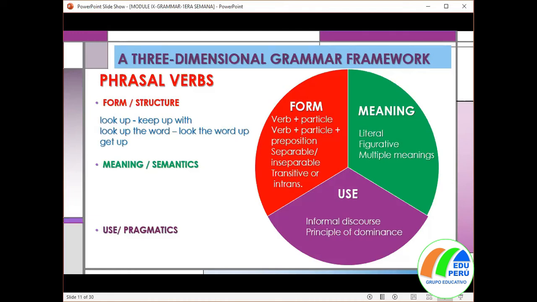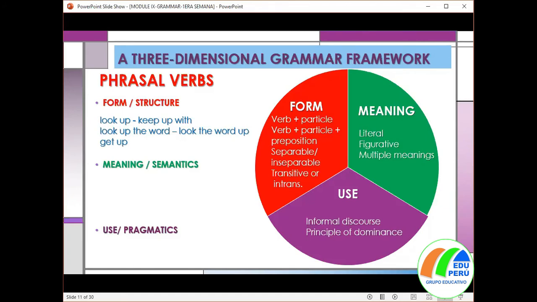Why do we say that this is a particle? Because up is not a preposition here. It doesn't mean that you are going to raise your head to the ceiling and look in that direction. That's why we say that this is not a preposition. It's a particle, because look up has another meaning: to search for a word in a dictionary.